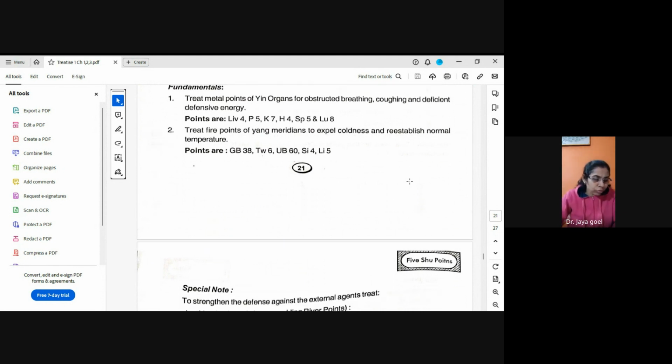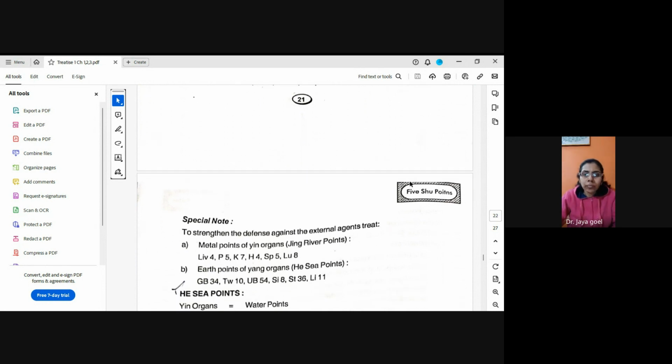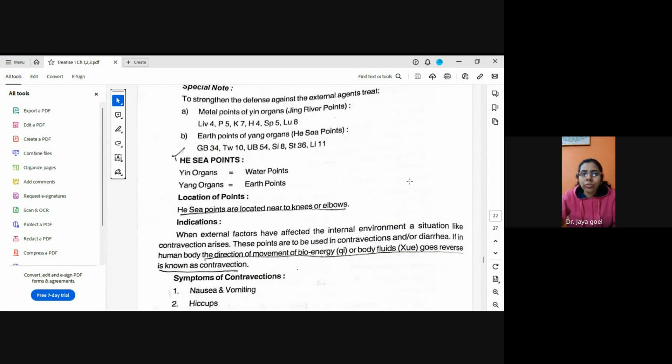A special note: to strengthen the defense against external agents, we use the metal point of the yin organ, that is the Jing River point, and the earth point of the yang organ, that is the He Sea point.